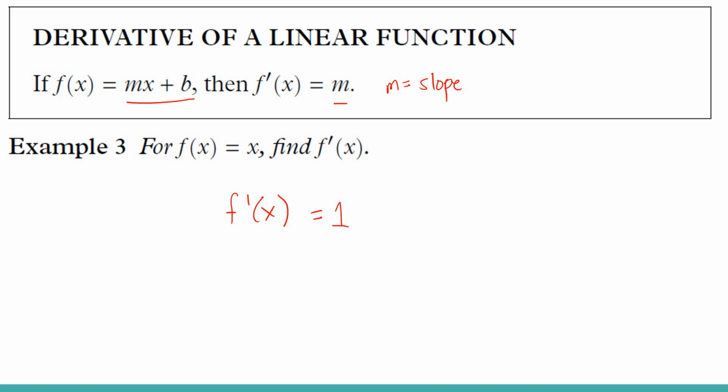So why is it 1? In the given f of x equals x, there is a constant 1 here, and that 1 is the slope.